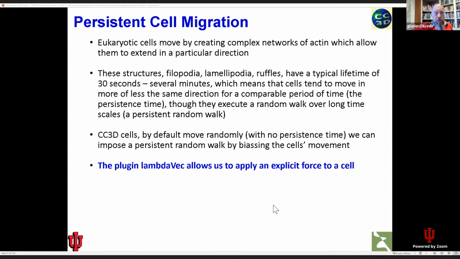So now I want to come to persistent cell movement. In our world, cells move in response to gradients of energy. In reality, if I park a car on a hillside and take the brake off and put it in neutral, the car will roll down the hill in response to the gravitational potential energy.